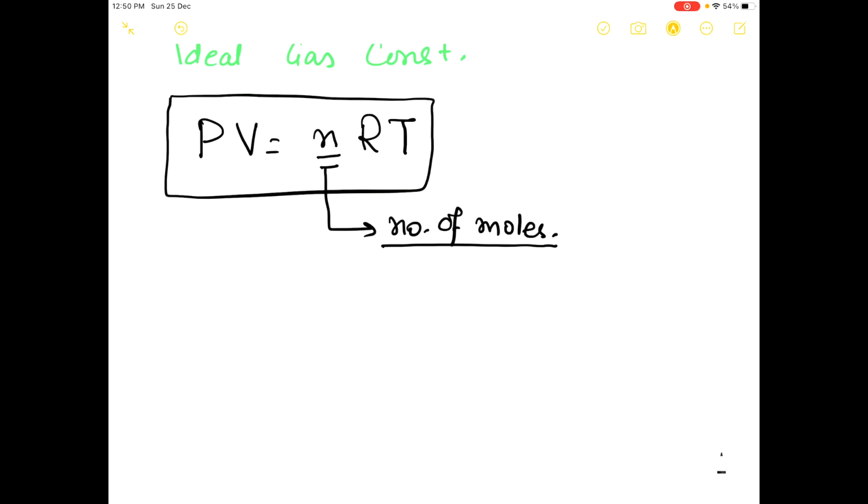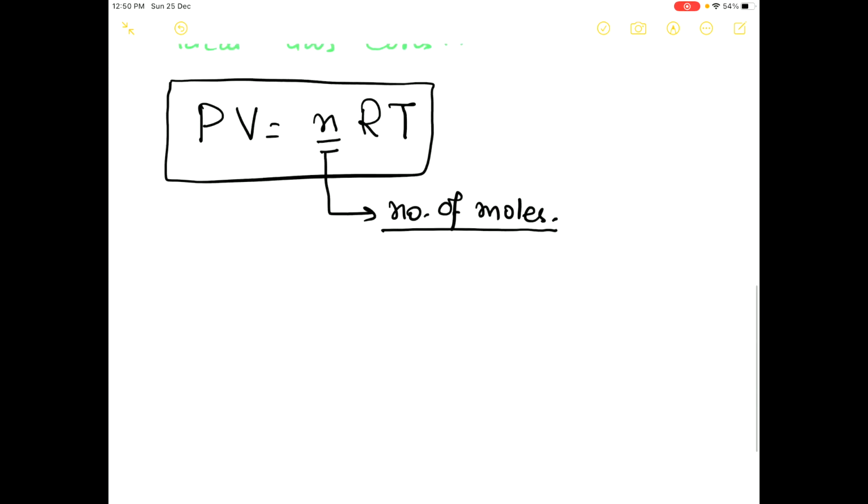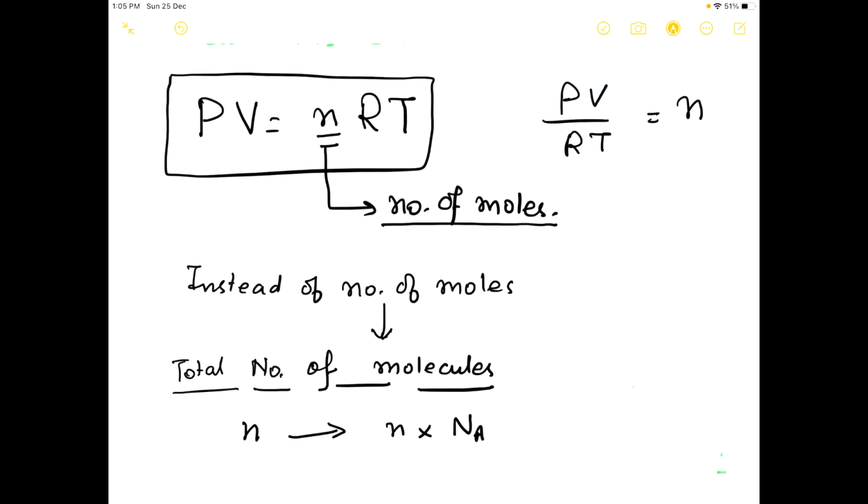In this ideal gas equation, if instead of number of moles, the total number of molecules are taken, and total number of molecules is represented by capital N, this is equal to number of moles into Avogadro number, because Avogadro number is the number of molecules in 1 mole.